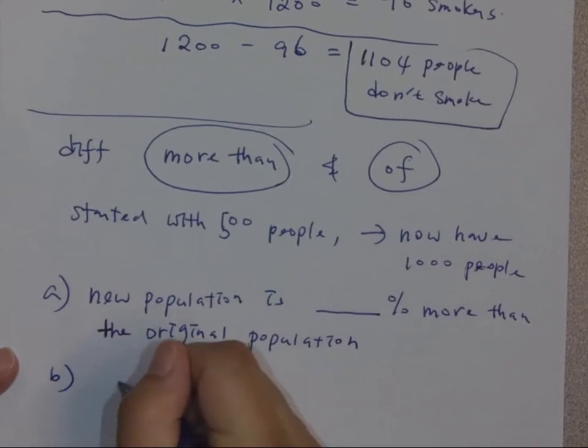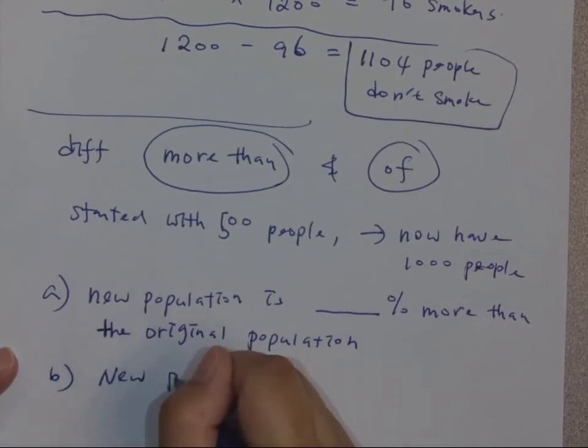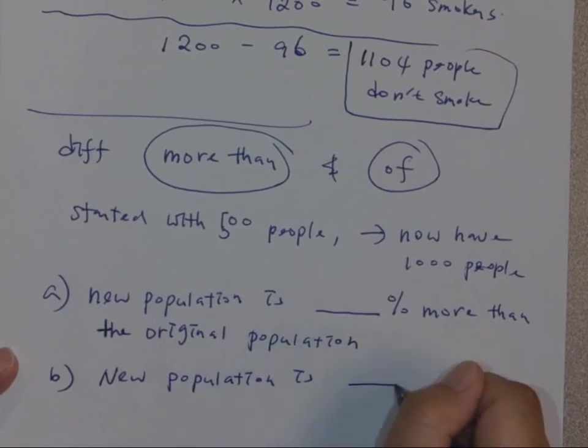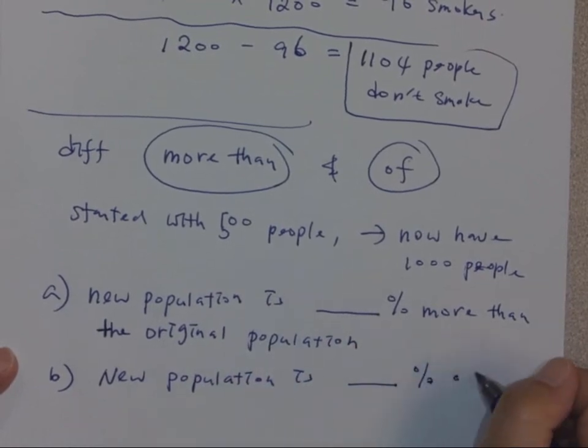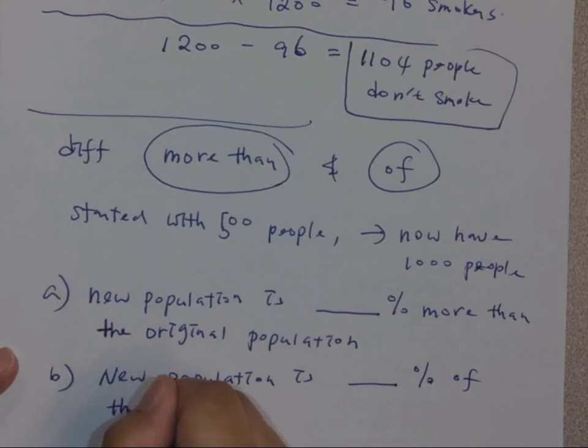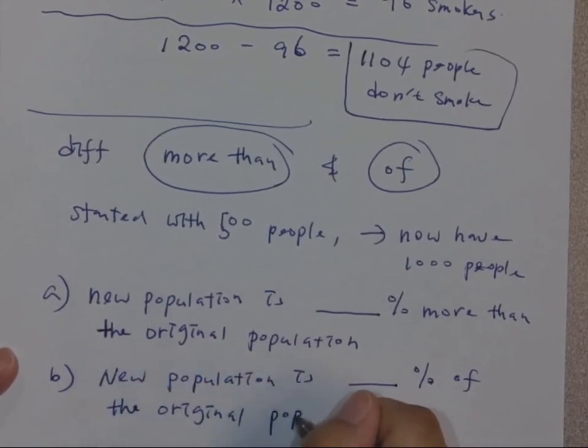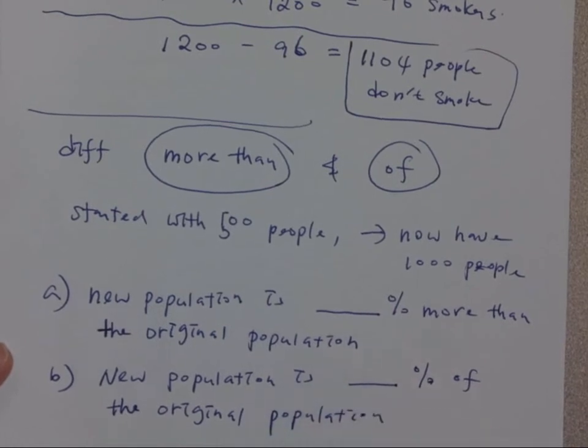And the second one say, the new population is how many percent of the original population. One is more than, one is of. What do you think?